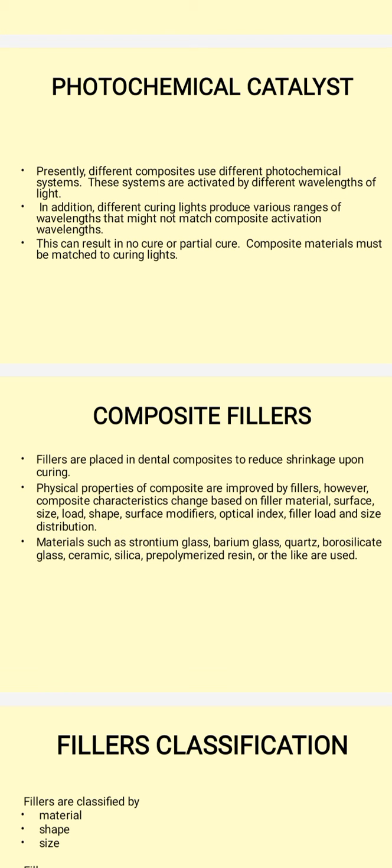However, composite characteristics change based on filler materials, surface size, load, shape, surface modifiers, optical index, filler load, and size distribution. Okay, materials such as strontium glass, barium glass, quartz, borosilicate glass, ceramic, silica, polymerized resin, or others are used as fillers in making composites.